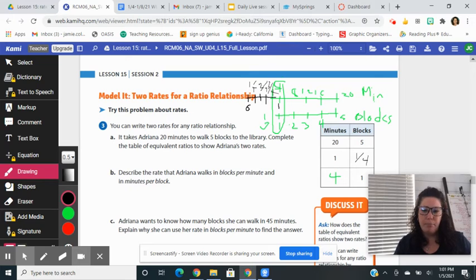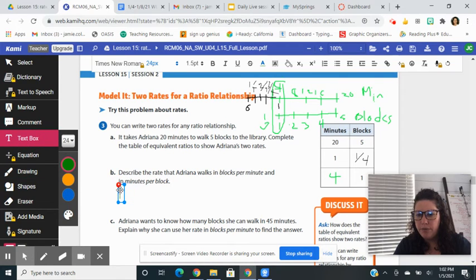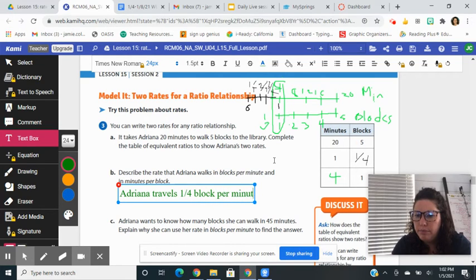Okay, part B. Describe the rate that Adriana walks in blocks per minute and in minutes per block. Okay, so we're just going to rewrite what I just said. So we'll start with the blocks per minute first. Adriana travels 1/4 block per minute.